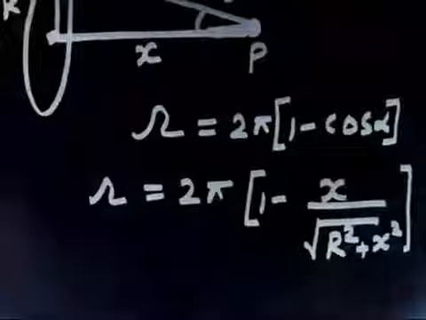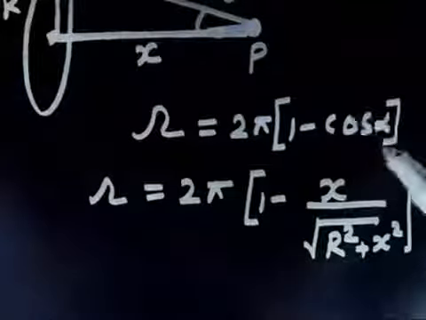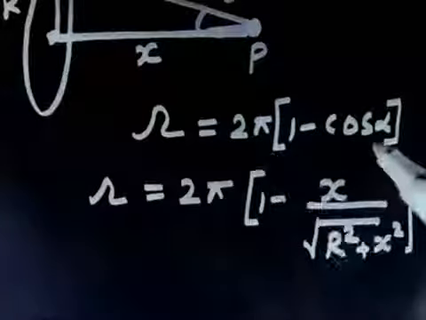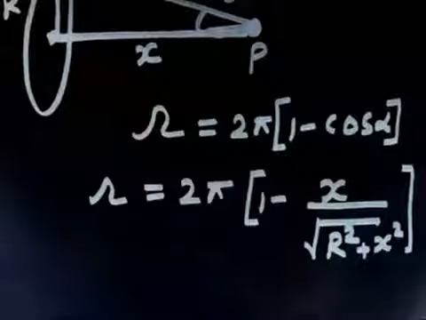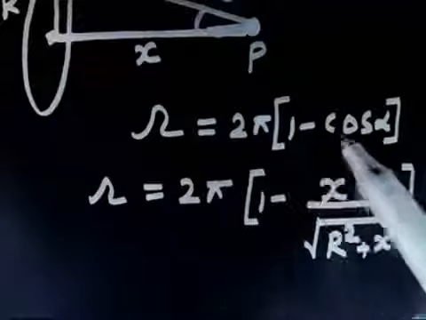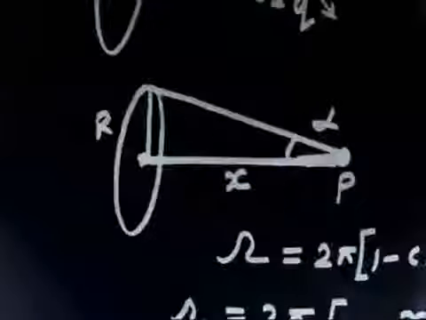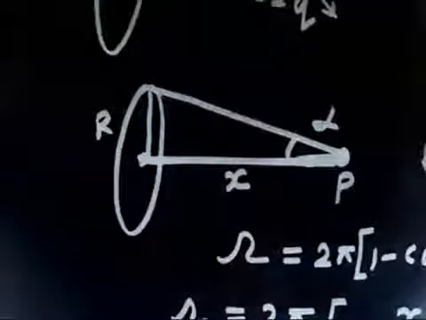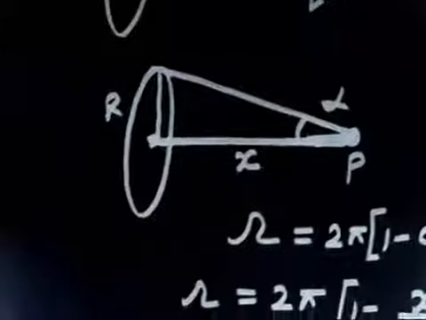You can always check this solid angle: if alpha is 0, cos alpha is 1, so the solid angle subtended is 0. If cos alpha is minus 1, that is alpha is pi, the solid angle subtended is 2 pi times 2, that is 4 pi. So when alpha becomes pi, this subtends the whole sphere. That's why in that case the solid angle is 4 pi.